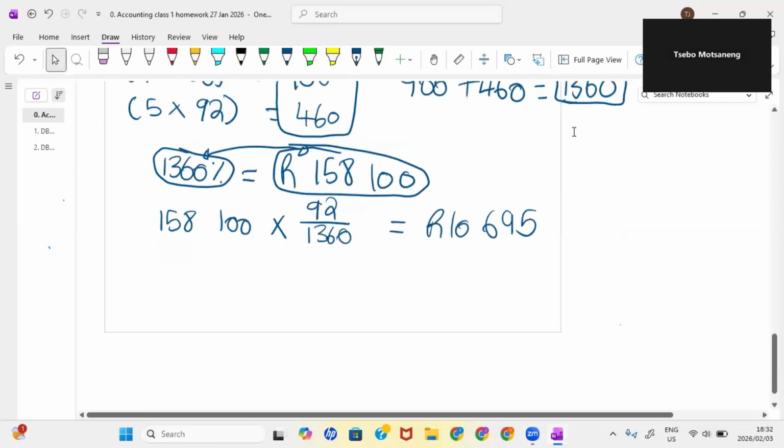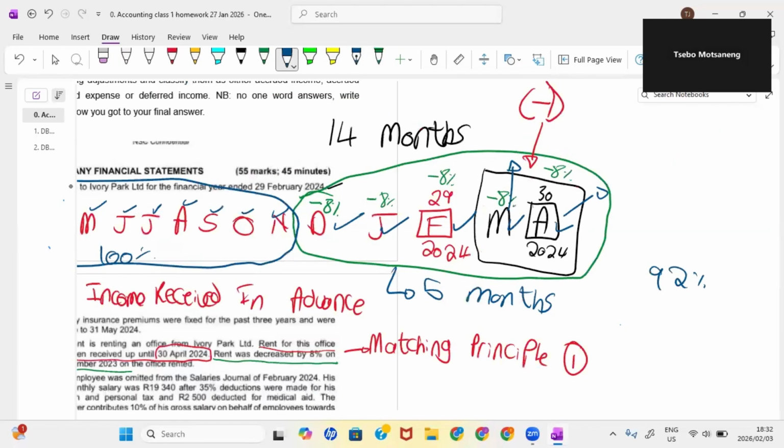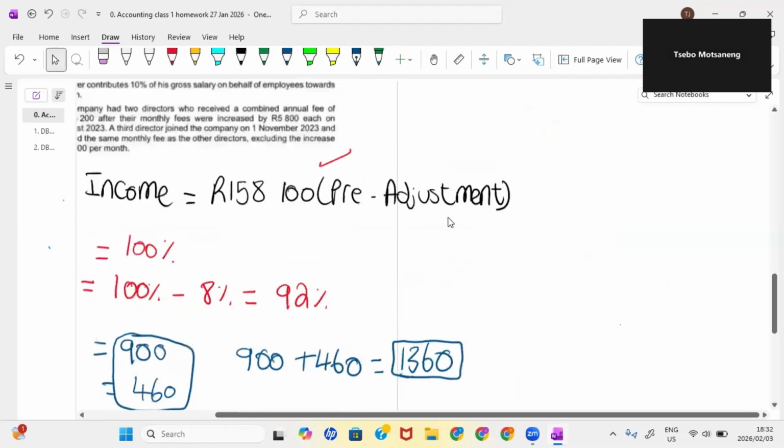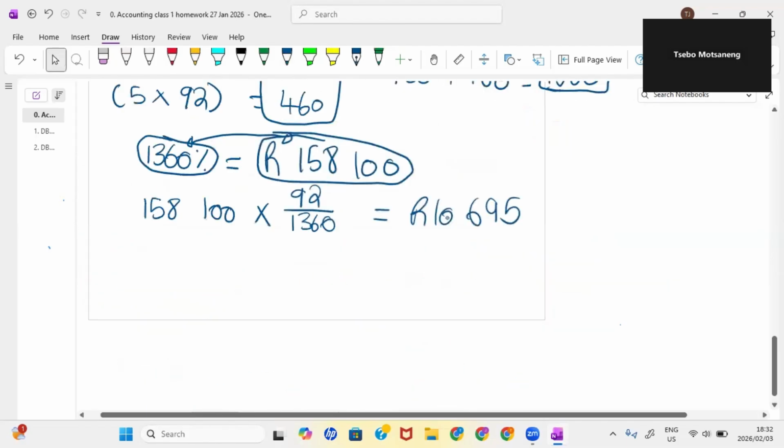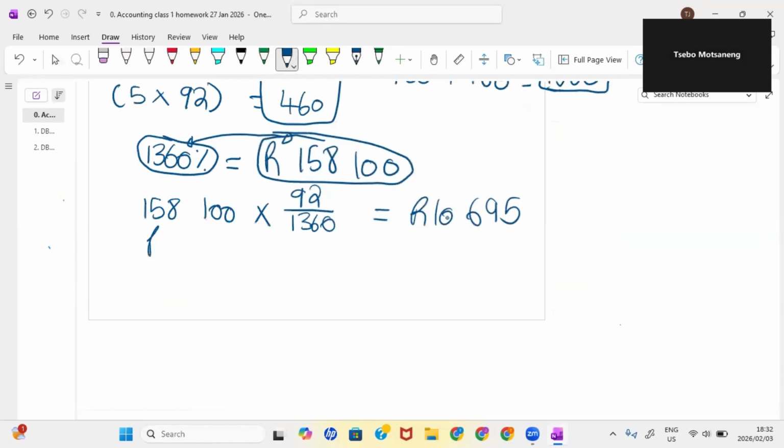But remember that we have 2 extra months. These 2 extra months are the ones we are trying to subtract. So now we say 10,695 multiplied by 2, for the 2 extra months. Can you write in the chat how much this is? 21,390.